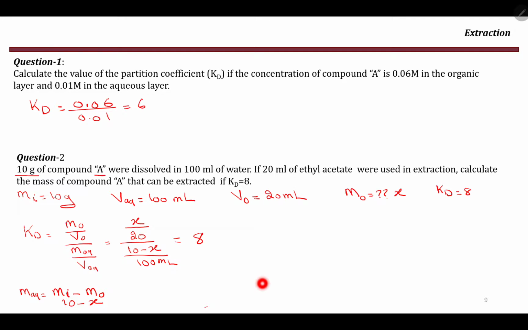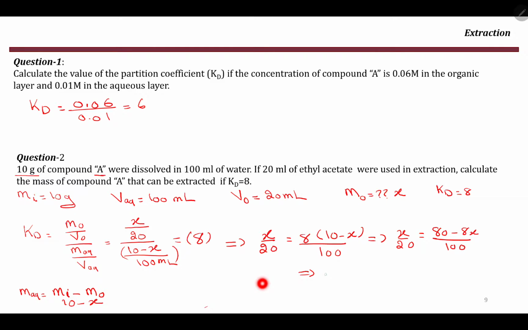Now we have to do some math here. So X over 20 is equal to 8 times the fraction, 10 minus X, divided by 100. So I'm just multiplying this number by this fraction here. In this case, X over 20 will be equal to 80 minus 8X over 100.